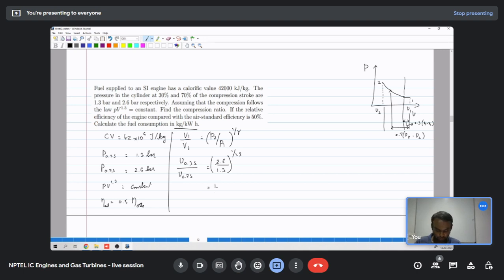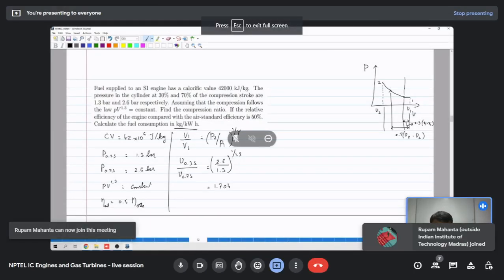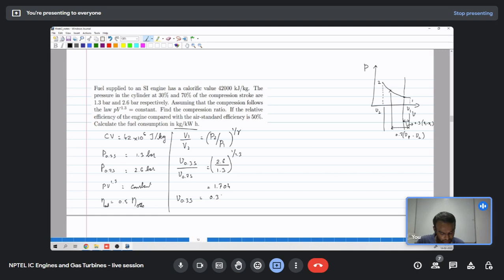So this is 1.704. So can we write the volume at 0.3 stroke as V1 minus 0.3 times (V1 minus V2); we come from the right.